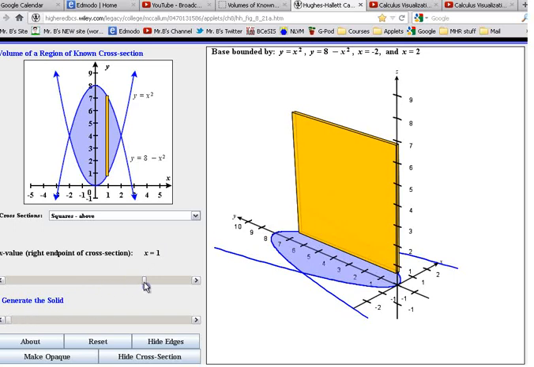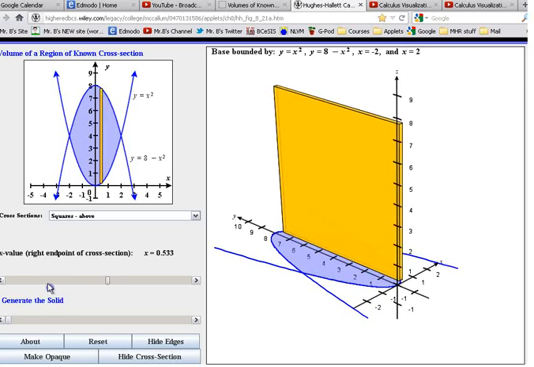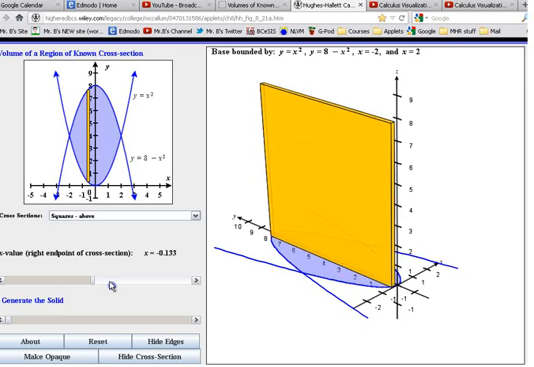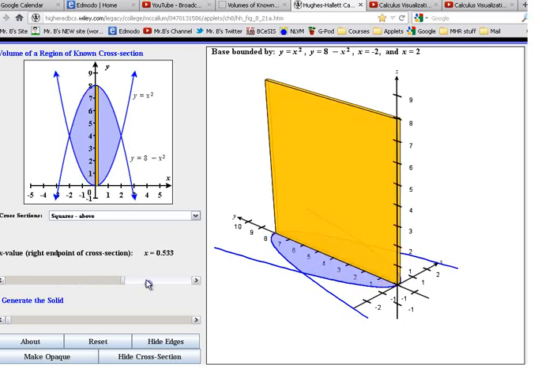If I slide this thing, I was hoping that the thing would move. No, my internet's going very slowly right now, but anywhere you go from one end to the other, the square is getting smaller as you go. The cross section is always a square, though, no matter where you go.